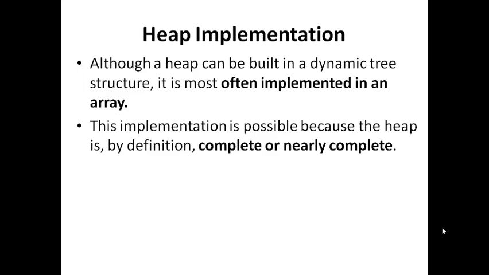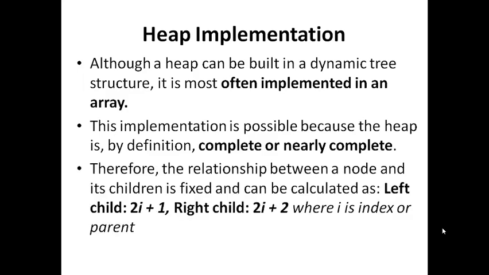Whereas if you try to represent the AVL tree, for example, through an array, it may have plenty of empty spaces because it's not guaranteed to be complete. But a heap tree by nature is nearly complete. As a result, it has an easier way to be represented using an array. We will see the example to understand how an array is better to represent a heap tree.